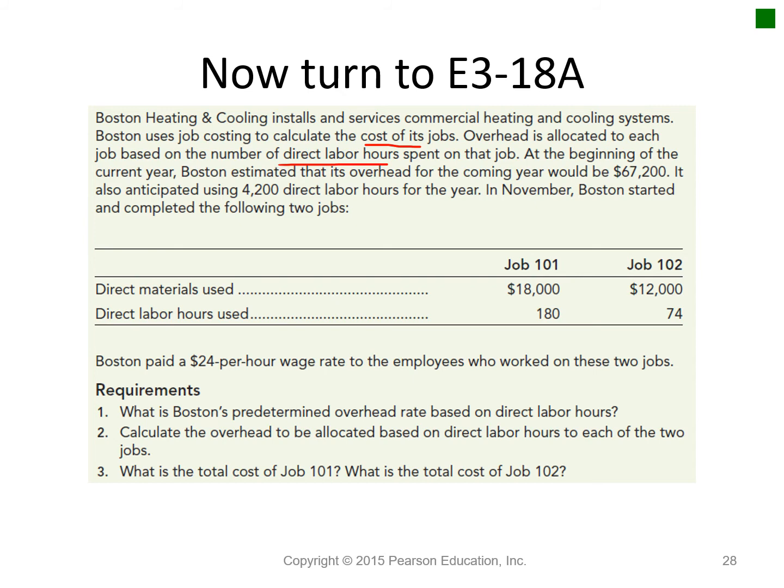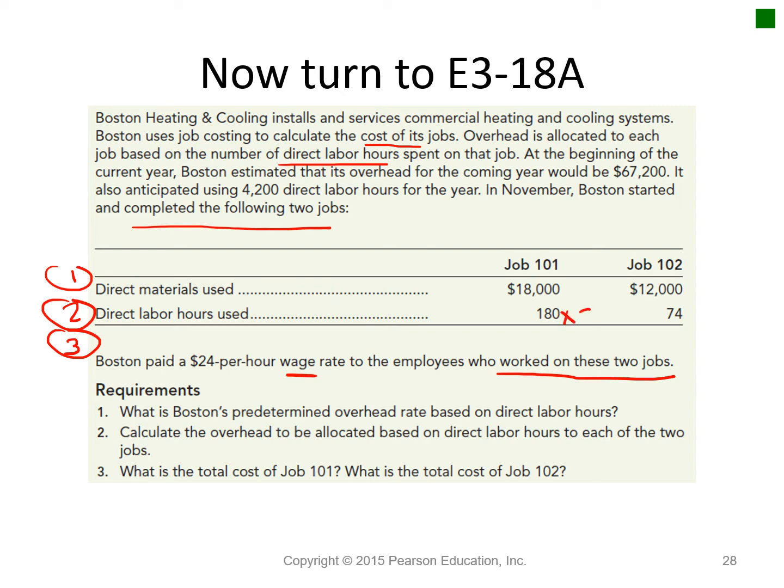So in November, Boston started and completed the following 2 jobs. Notice you've got job 101, job 102. They give you product cost number 1, product cost number 2. What they didn't give you was the third one, which we're going to have to calculate. It says they paid a $24 per hour wage rate to employees who worked on these 2 jobs. So to get the direct labor cost, you've got 180 and 74 hours.